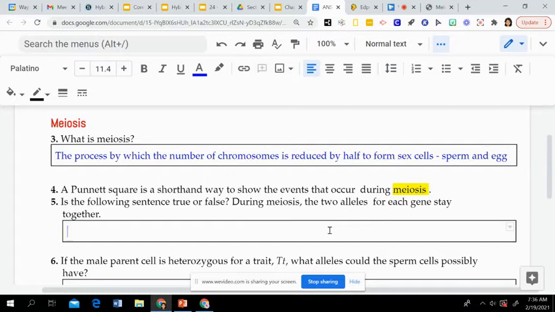So 1 allele from each pair goes to each sex cell. So we're going to say false, and I'm going to summarize that: 1 allele from each pair goes to each sex cell.